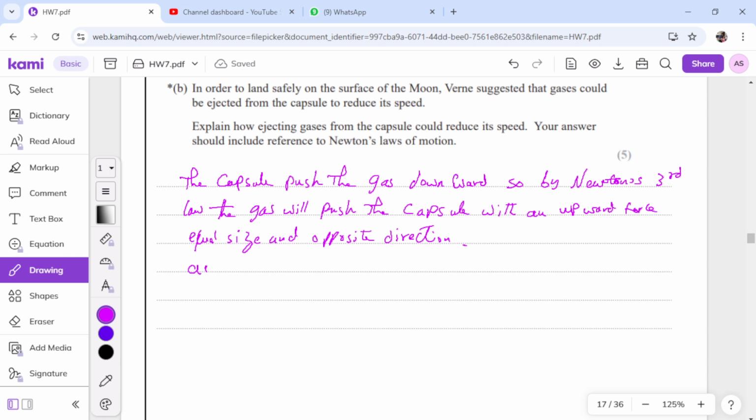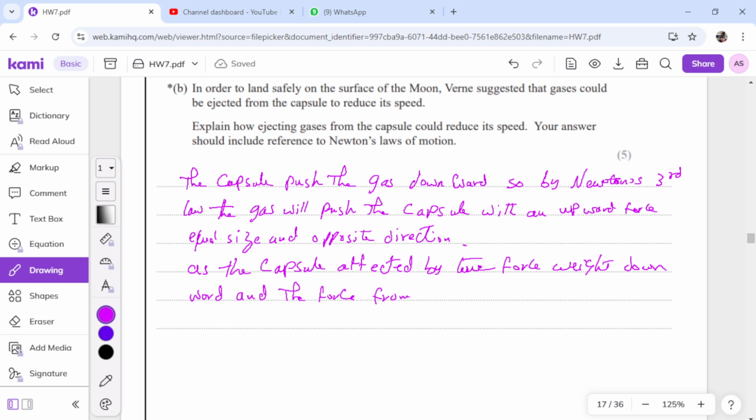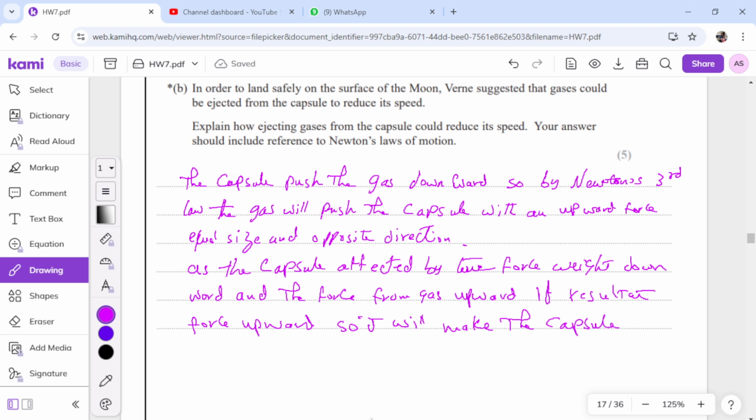Now, the capsule is affected by two forces, weight downward and the force from the gas upward, so the resultant force is upward, so it will make the capsule decelerate by Newton's second law.